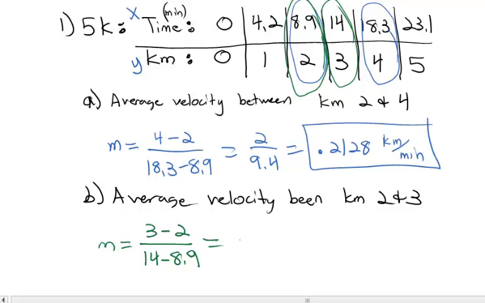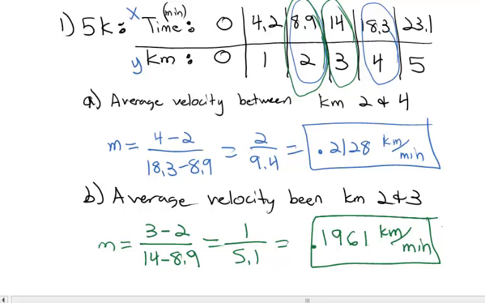Well, when we use our calculator to help us out a little bit on the subtraction, 3 minus 2 is 1, and 14 minus 8.9 is 5.1. And 1 divided by 5.1, I see there my average velocity, my average rate of change is 0.1961 kilometers per minute.